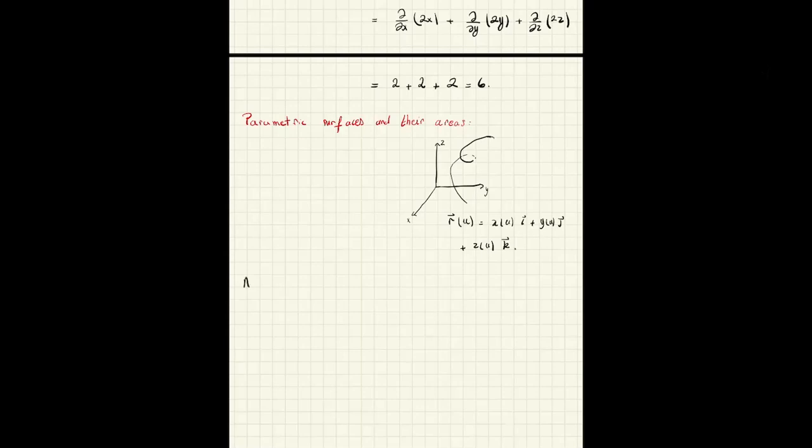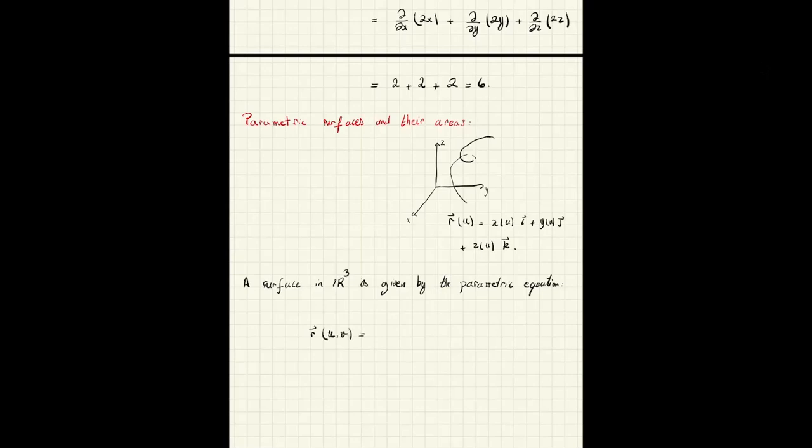A surface in R3 is given by a parametric equation. You will need two variables, u and v.